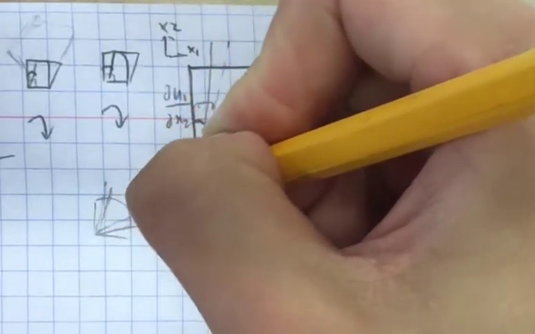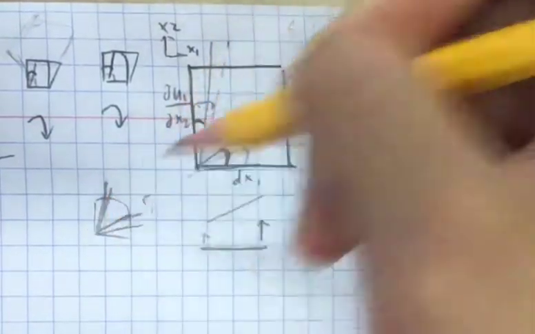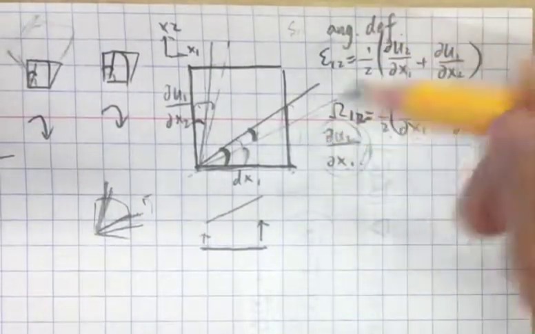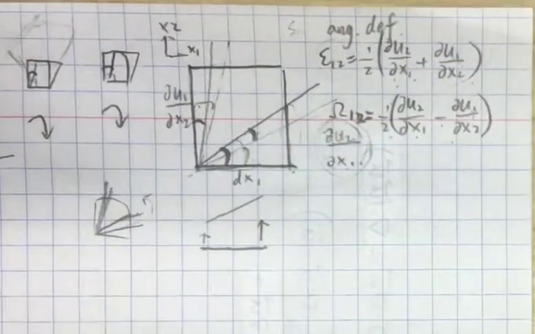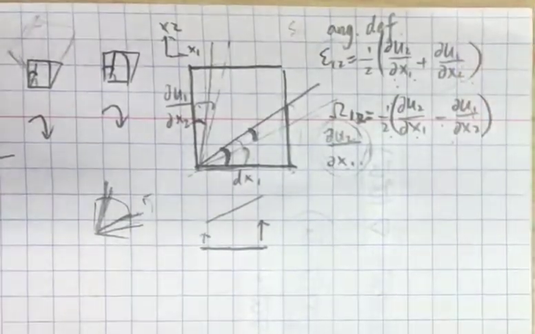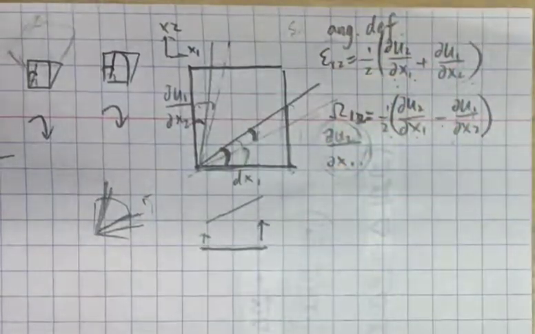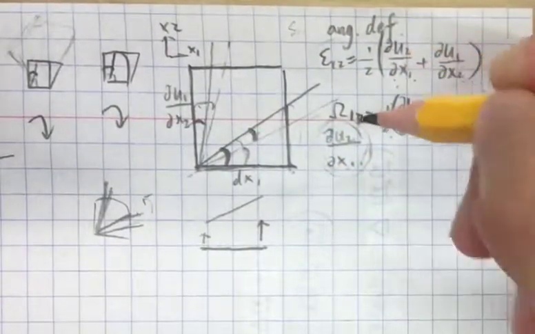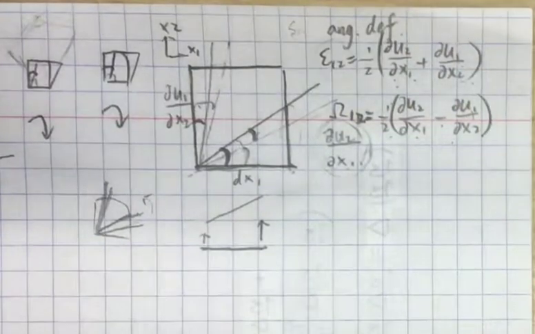And the final state will be something like this. That's how we break down the angular deformation and the rotation. This notion where we break down a regular thing into a symmetric one and an anti-symmetric one is a very important notion in mechanics. Maybe you have encountered it in, say, structural analysis.